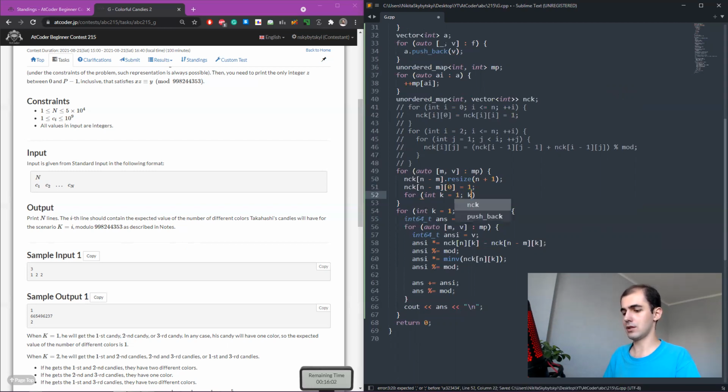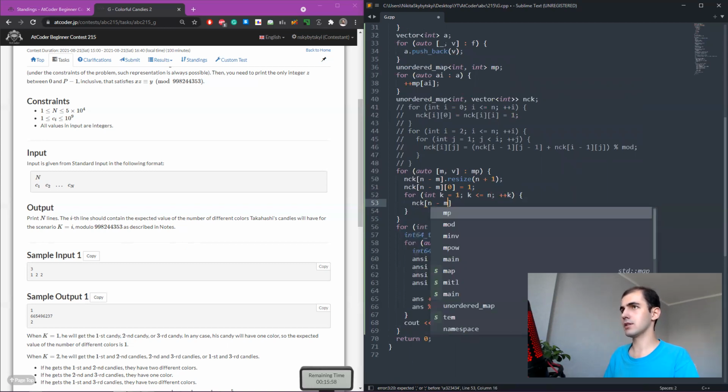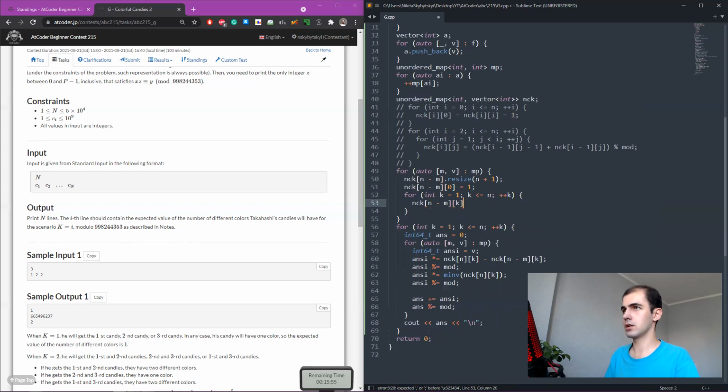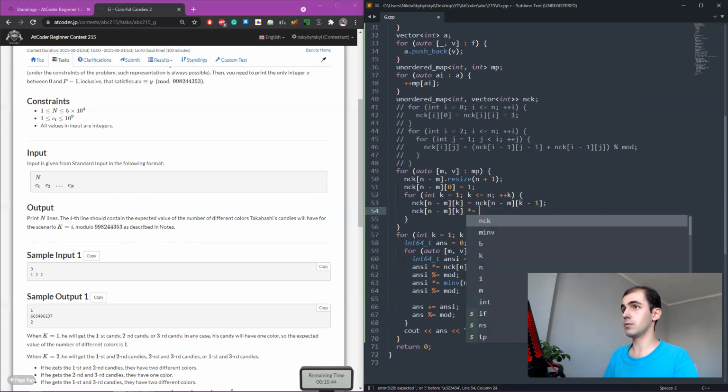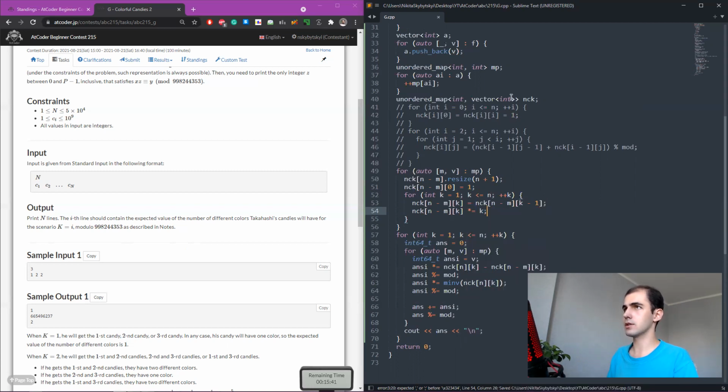For k from 1 all the way up to n, nck n minus m k gets nck n minus m k minus 1. Then we have to multiply it by k. So this one body should be actually long. Very suspicious if it will pass, but let's try. So this gets multiplied by k or divided by k.